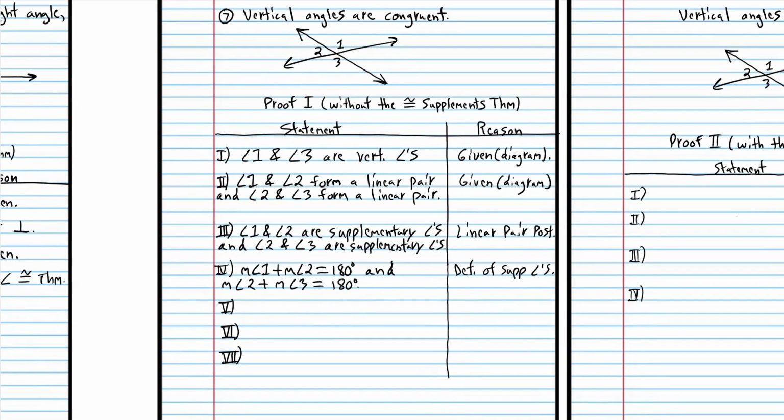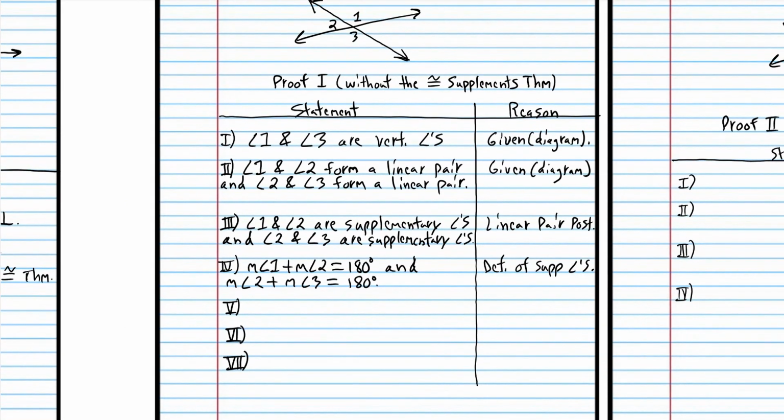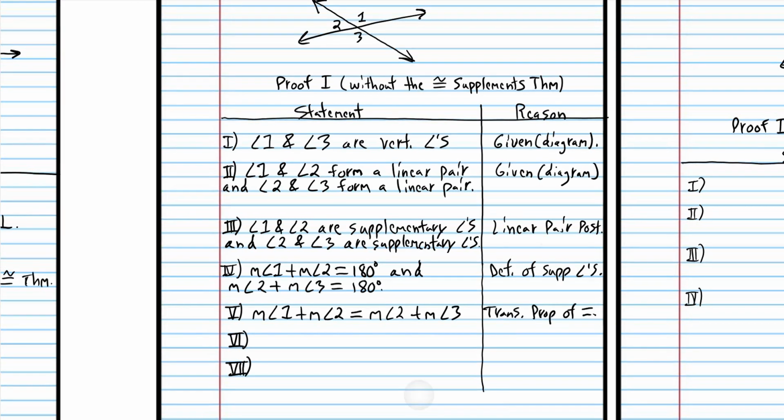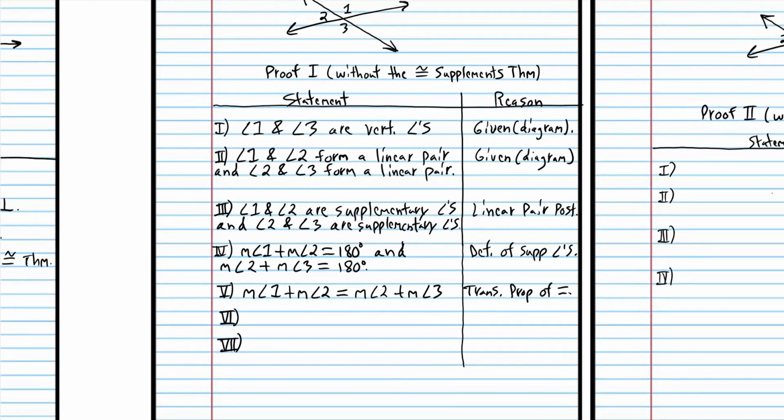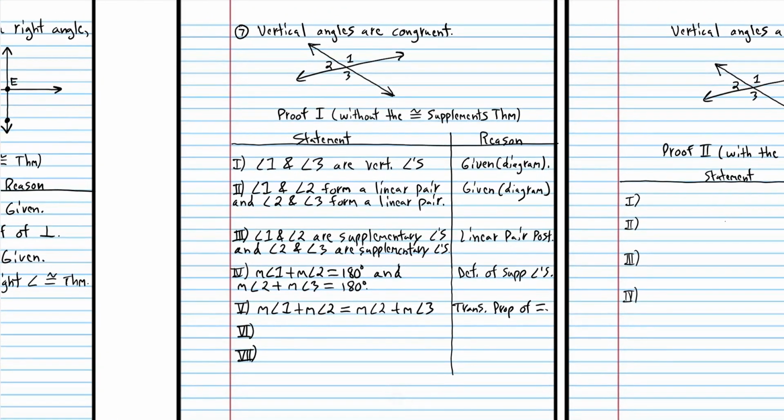So you can see where we're going with this. We have two things that are both equal to 180 degrees, so we can use the transitive property of equality to show that they're equal to themselves. So now you can see we have measure of angle 2 on both sides.